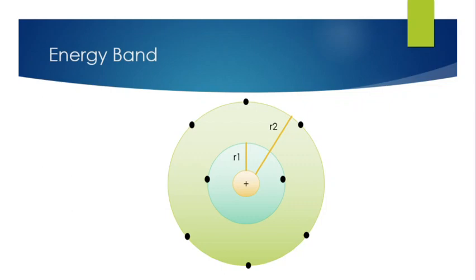Suppose we consider the energy possessed by the first orbit electron, we call it R1, and there is some energy possessed by the second orbit electron, we call it R2. This energy is definite, that is fixed. The two electrons of the first orbit will have energy R1, and the eight electrons will have energy R2.